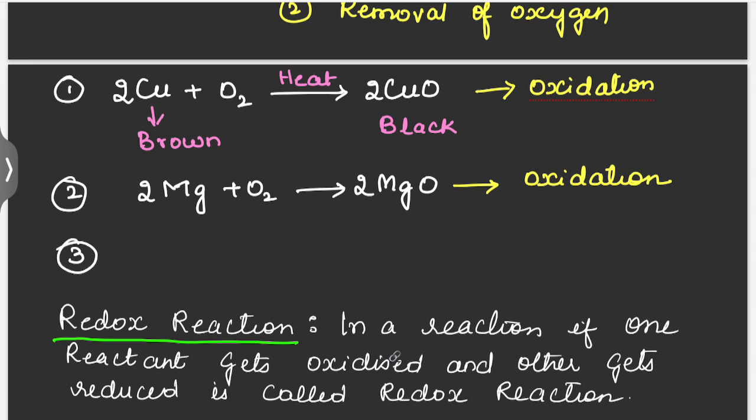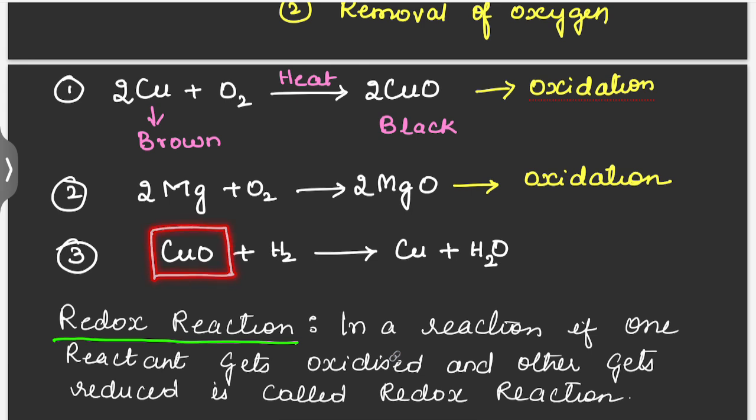The third example: let us take CuO, copper oxide. You are treating it with hydrogen, and what is formed? Copper plus H2O, water, is formed. Observe carefully what is happening here. What do you have here? Copper oxide, so oxygen is present. When the product is formed, what has happened?